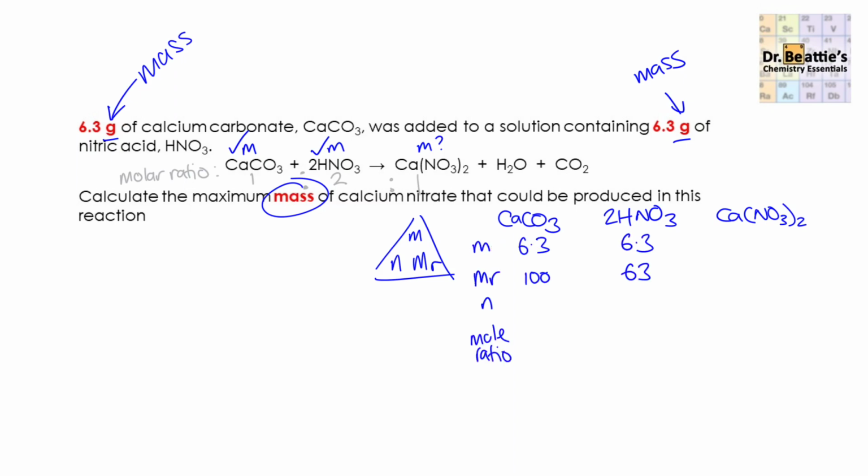Then you'd work out the number of moles, work out which one's the limiting by doing number of moles over the mole ratio, and use the mole ratio and its relationship to the calcium nitrate that you're trying to find out in order to get the mass of the calcium nitrate produced.